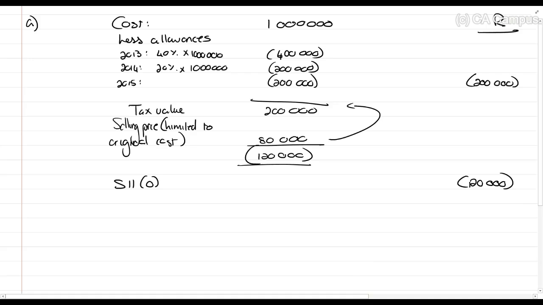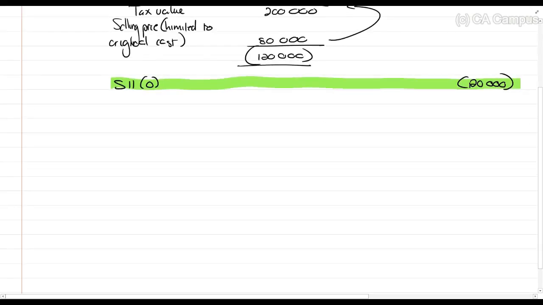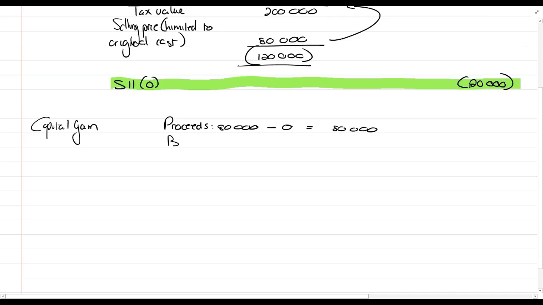So this is important for you to see now. Right, we claim that 120,000 rands. Then, when we calculate our capital gain, remember you must calculate capital gain when there's a disposal of an asset. It is the proceeds amount, which is the selling price, minus the recoupment. There was no recoupment, so it's 80,000.